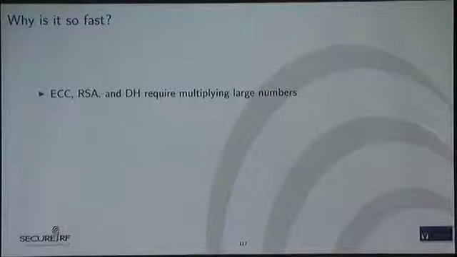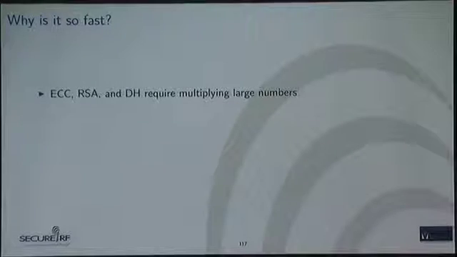So why is algebraic eraser so fast? Well, one thing is, as I mentioned earlier, ECC, RSA, and Diffie-Hellman are all multiplying very, very large numbers. With ECC, you're talking about 256-bit primes, or more. With RSA, you're talking 2,000-bit numbers.